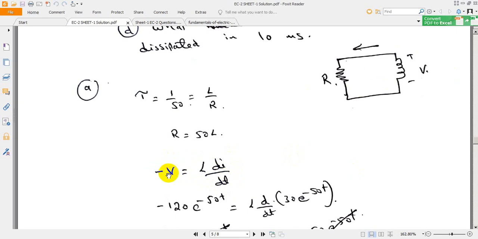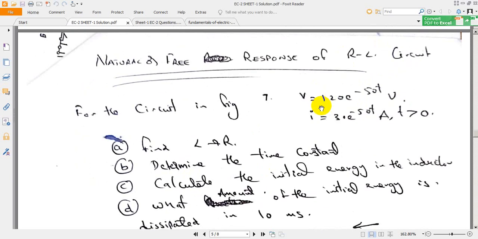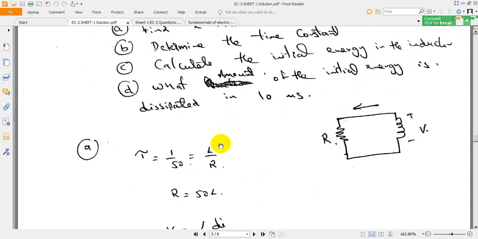The voltage across the resistor is opposite to that across the inductor, so minus V, which is already given.